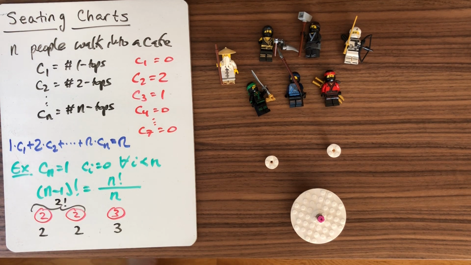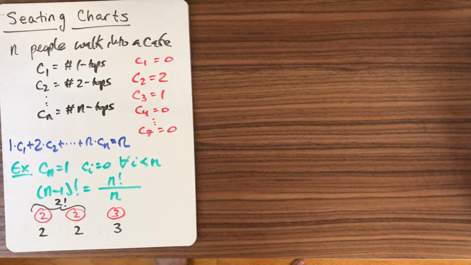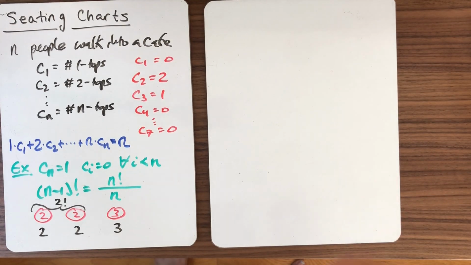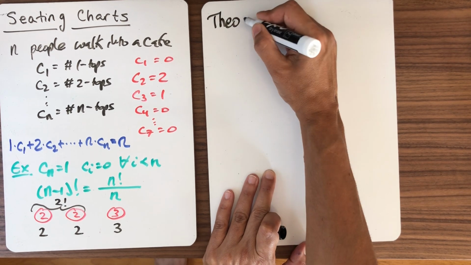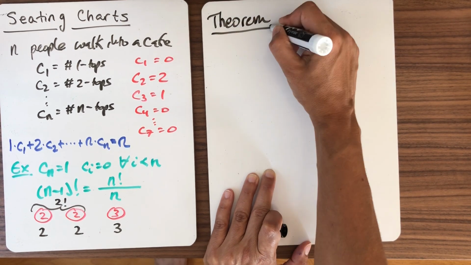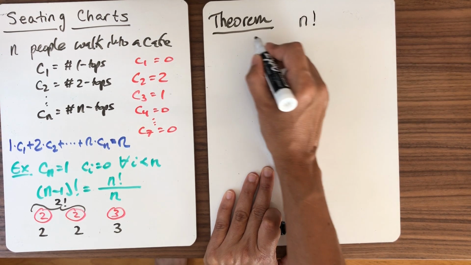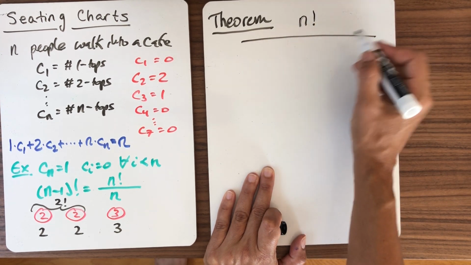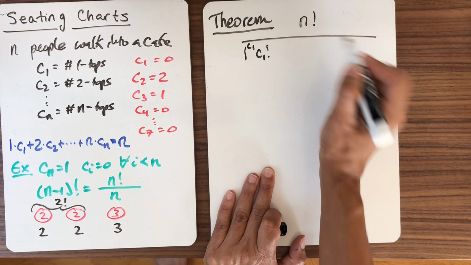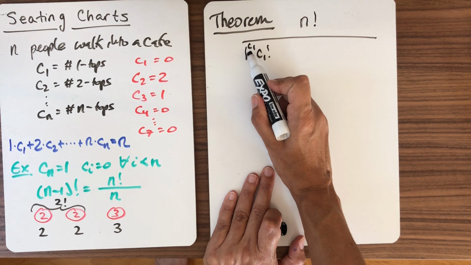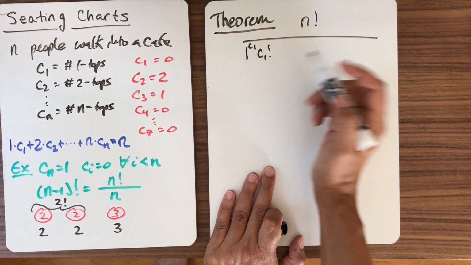And now what's the answer that we're coming to? Well, we're going to have to move the pirates out of the way. And what we're coming to is the following theorem, which is the number of ways that we can do this is n factorial, so that's the number of linear orders, bar arrangements, divided by 1 to the C1 factorial. 1 to the C1, you have 1 choice for who's the head of each of those tables, and C1 factorial, put those tables in any order.